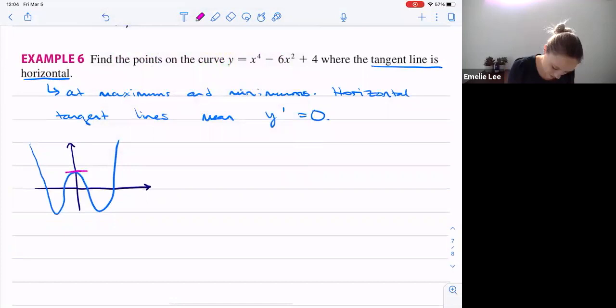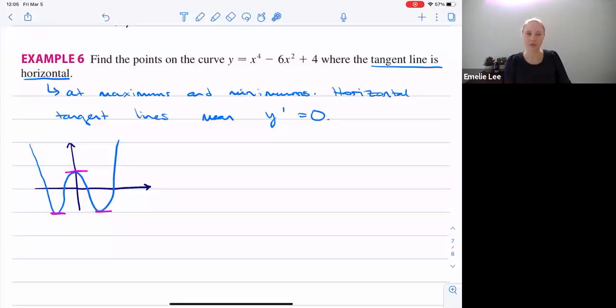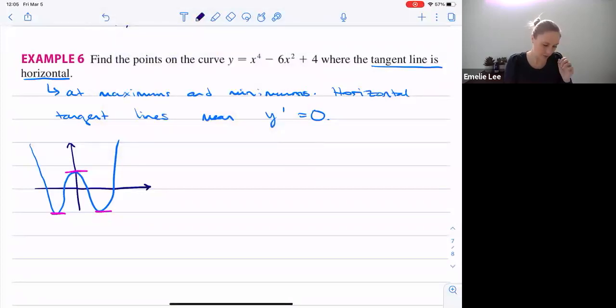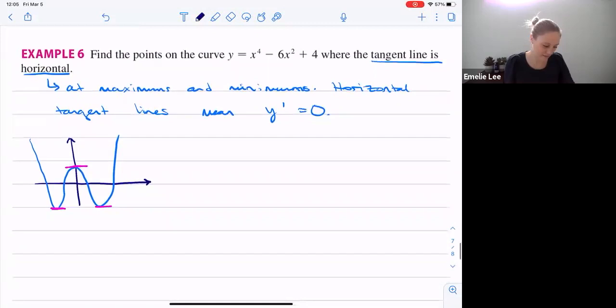And so here, here, and here, I guess I gave it away that it's on the y-axis, but we'll solve for it anyways. So we're going to have 3 horizontal tangent lines, right? So that's what we're expecting.